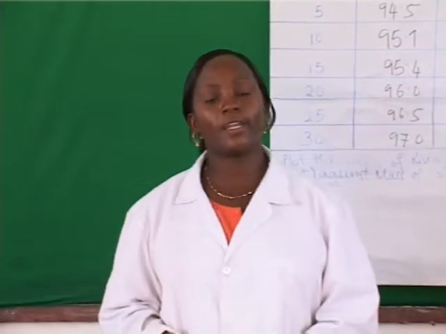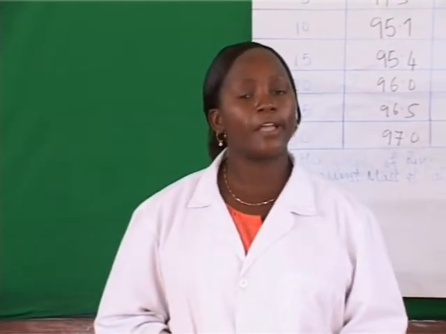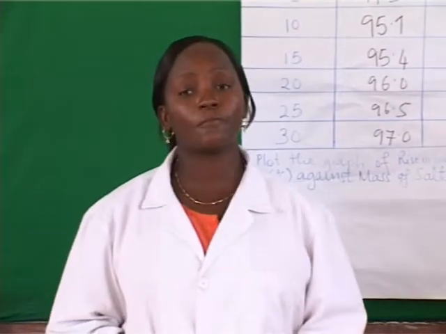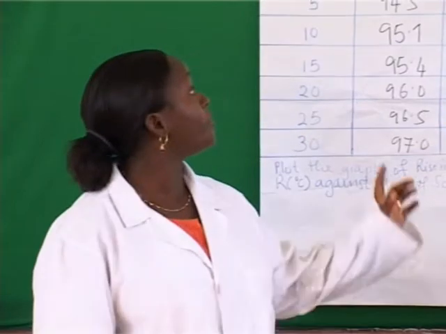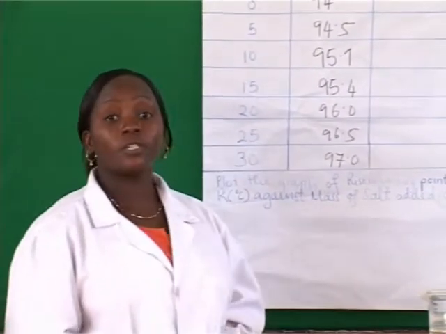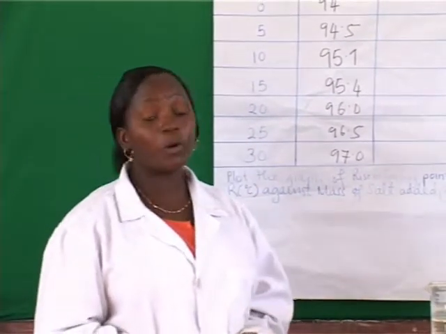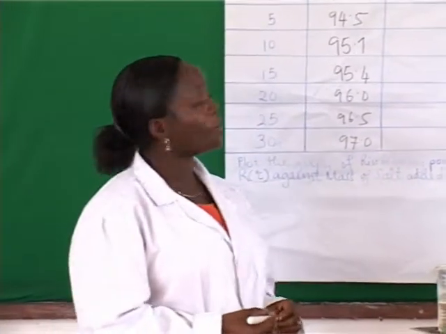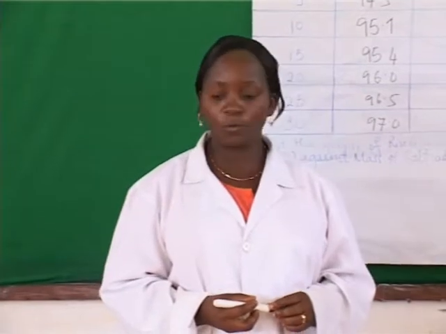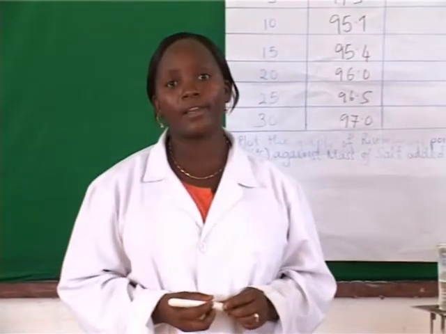After recording the data, find the rise in boiling point of water by subtracting the value of the boiling point when the water was pure from the value of the boiling point when the salt was added.